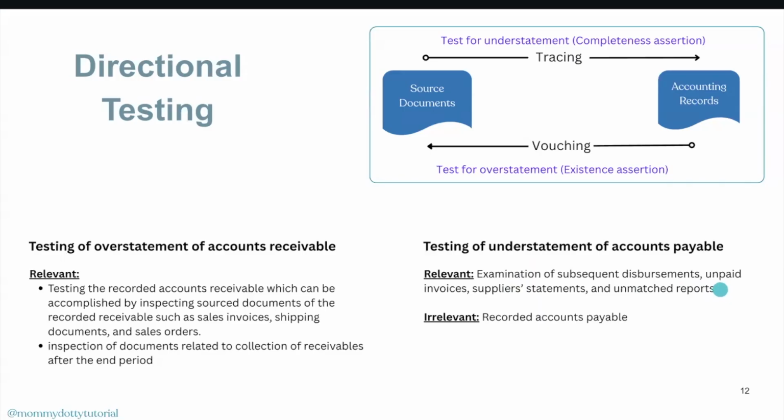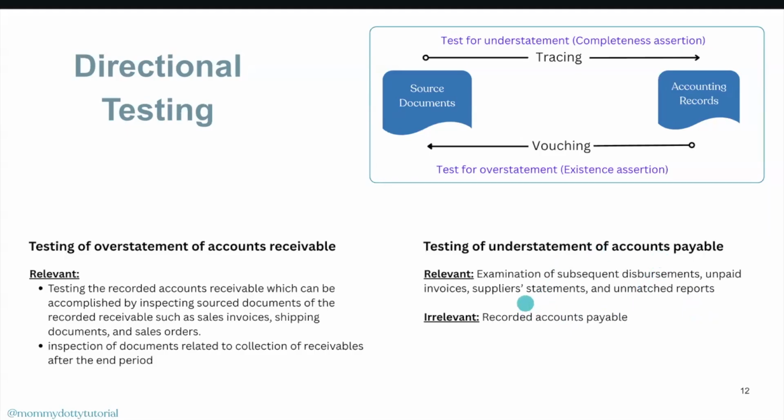Then unpaid invoices. For example, you started vouching the stock of invoices from your client, and you saw some invoices on the accountant's table that are not in the accounts payable ledger. That means there are unrecorded invoices which should be part of accounts payable.